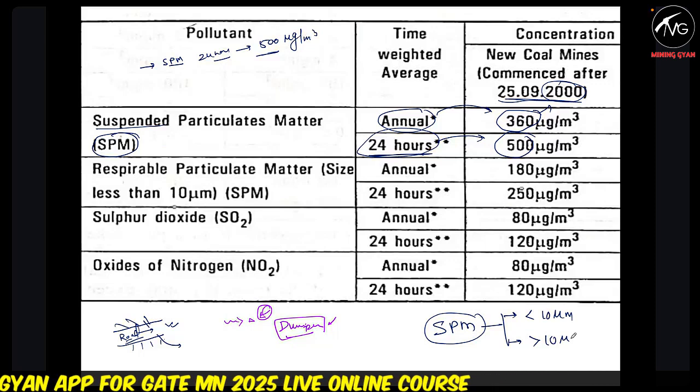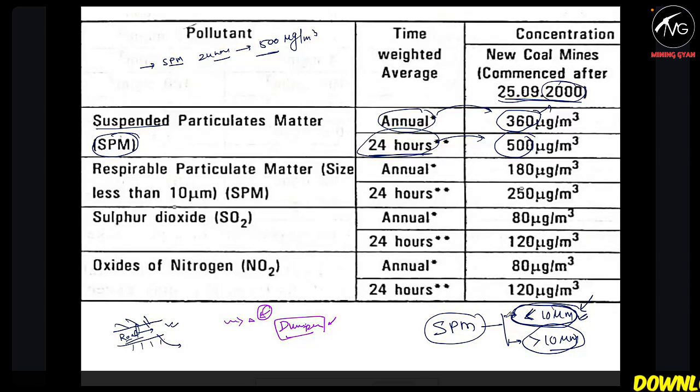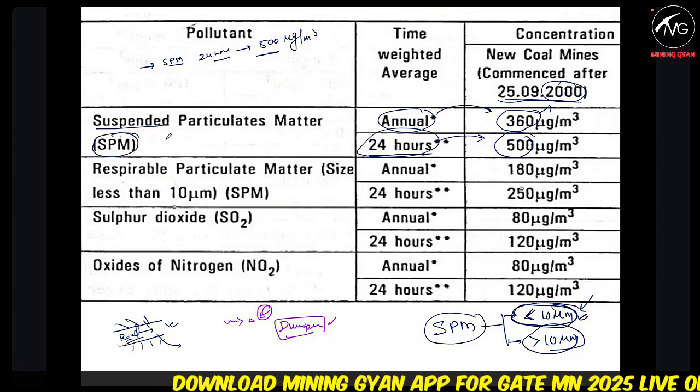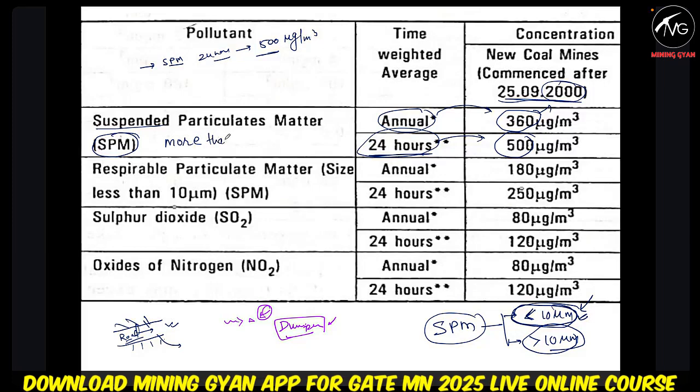Lesser than 10 micrometer is very harmful for humans, because some particles our nose hair can stop, but lesser than 10 micrometer our nose hair cannot stop them. So for SPM more than 10 micrometer, the annual limit is 360 and the 24 hour limit is 500 microgram.